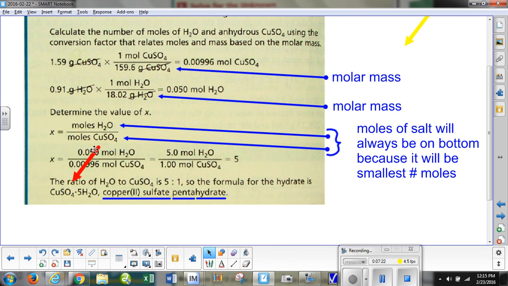And we always designate hydrates with this dot between the compound and the water. The compound is almost always a salt, and then we have some number of molecules of water hooked up to it.